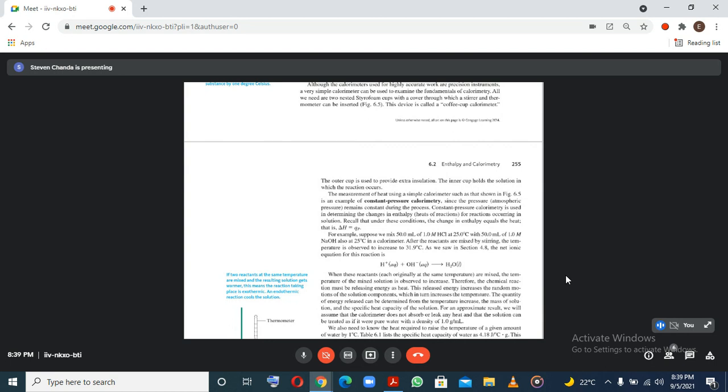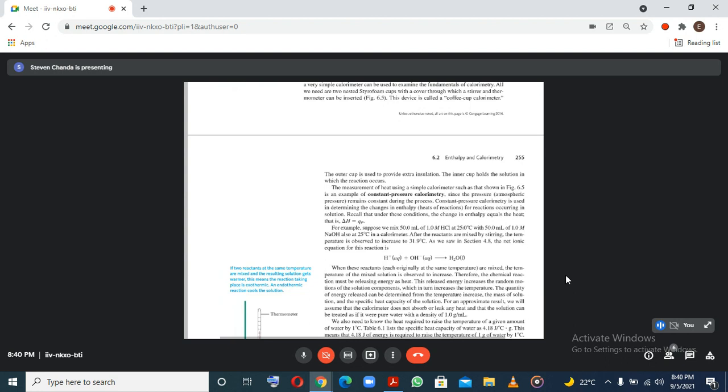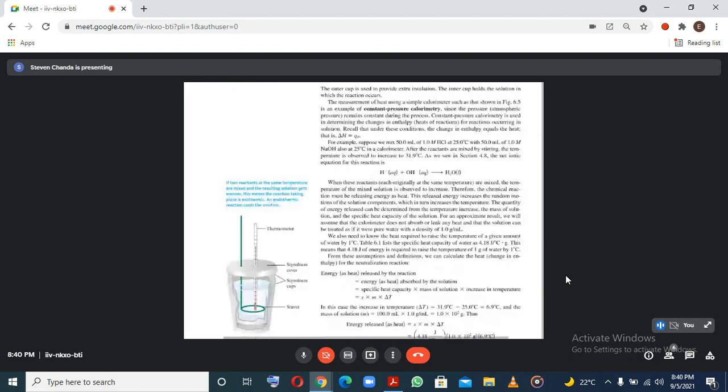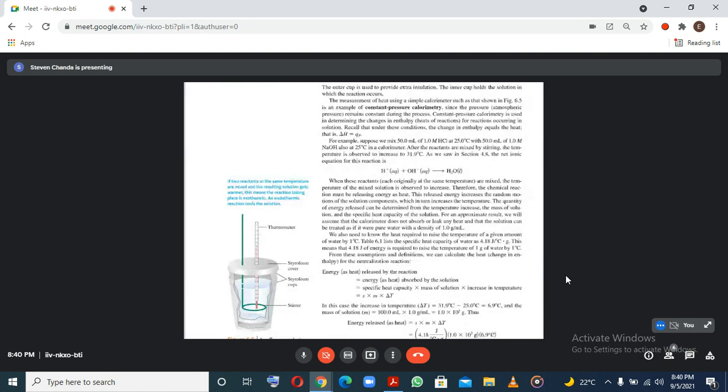It's called a coffee cup calorimeter because I'm sure you may have seen when you go to a shop and buy coffee, you have more or less a cup like that.